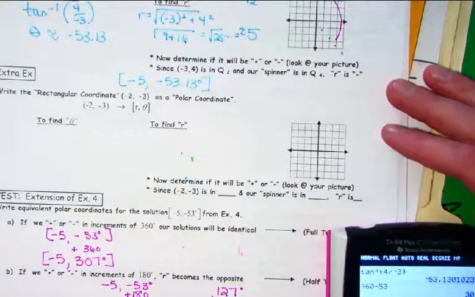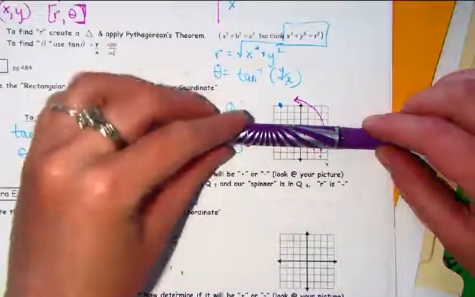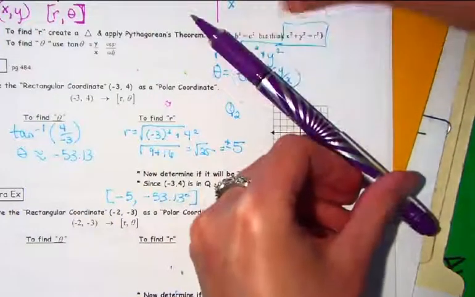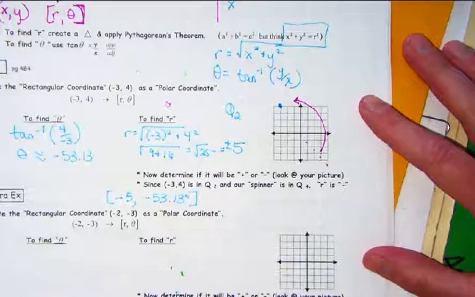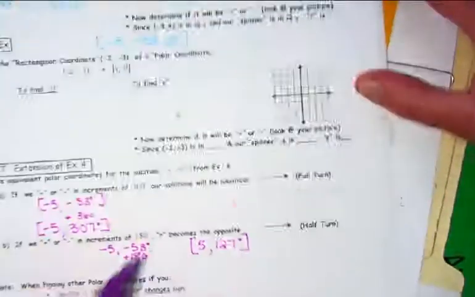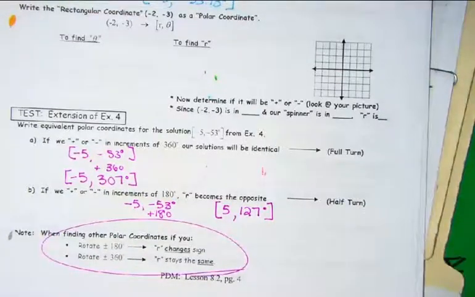But now my radius would be a positive value because I'm rotating to a positive angle measure up here. So I can also rewrite this as 5, 127, keeping this radius positive. So our big idea is if we rotate 180, our r changes sign. If we add or subtract 360, our radius stays the same.